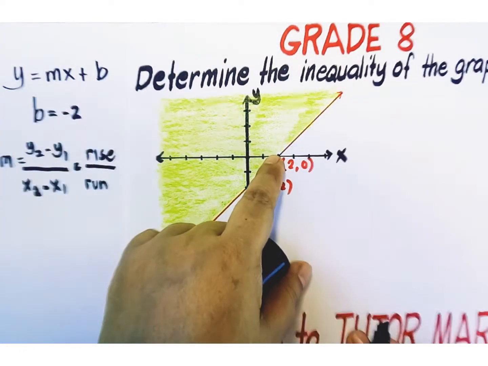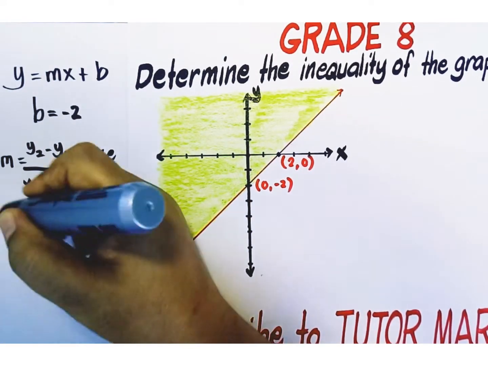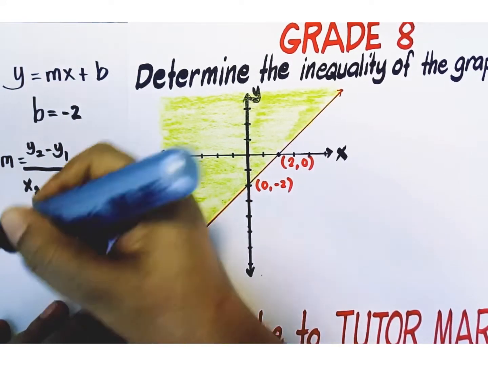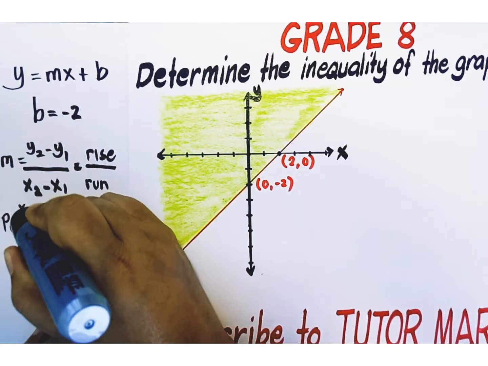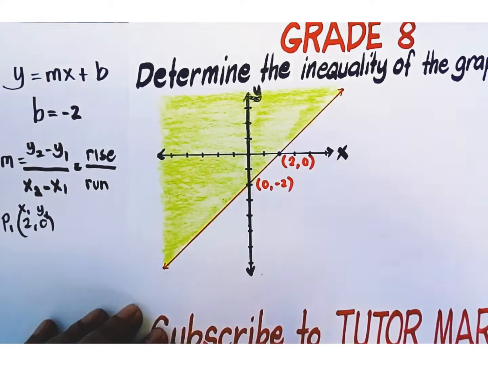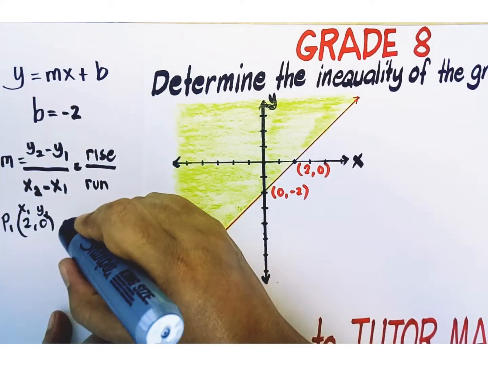We call the x-intercept as point 1. Label its coordinates as x sub 1 and y sub 1. We call the y-intercept as point 2.